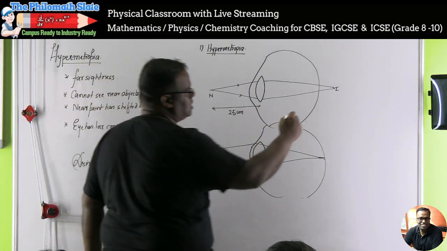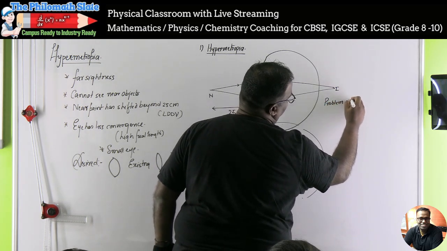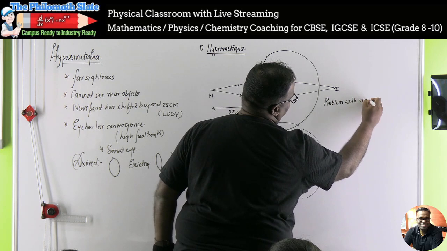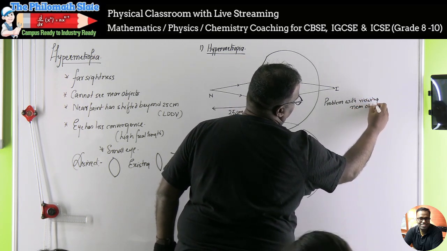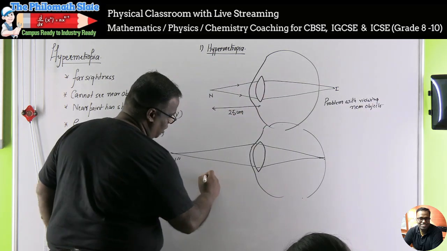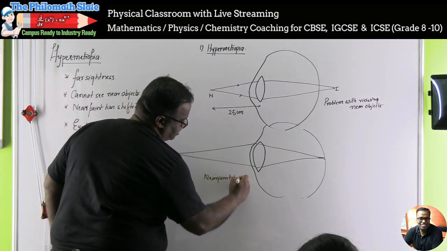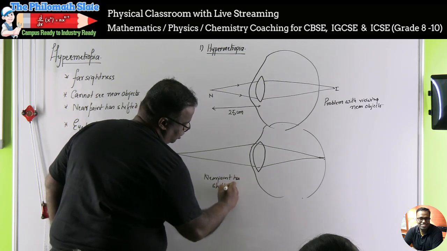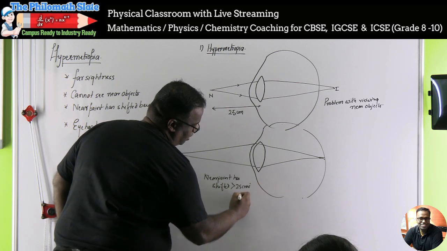This is the problem with viewing near objects, and this shows you that the near point has shifted. Shifted to where? Greater than 25 centimeters. So it has shifted to n double dash.